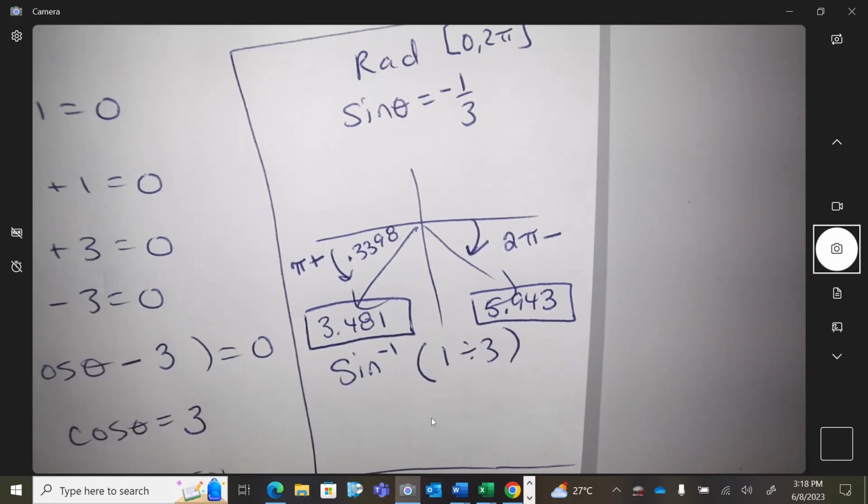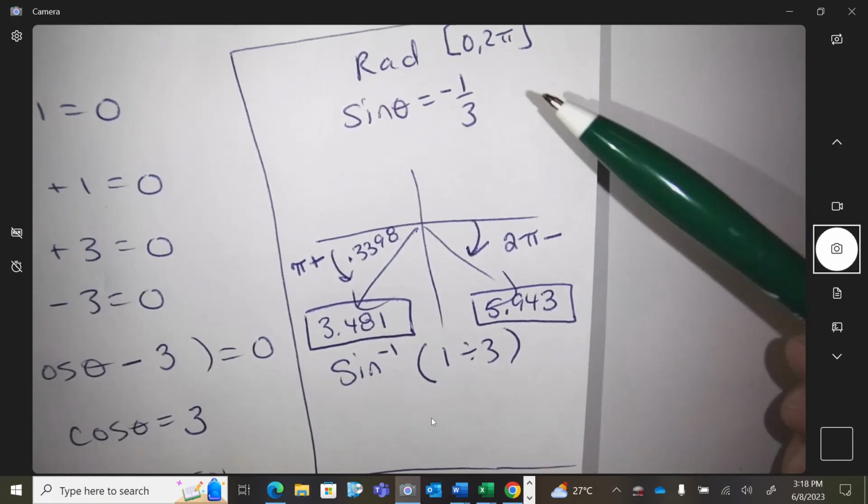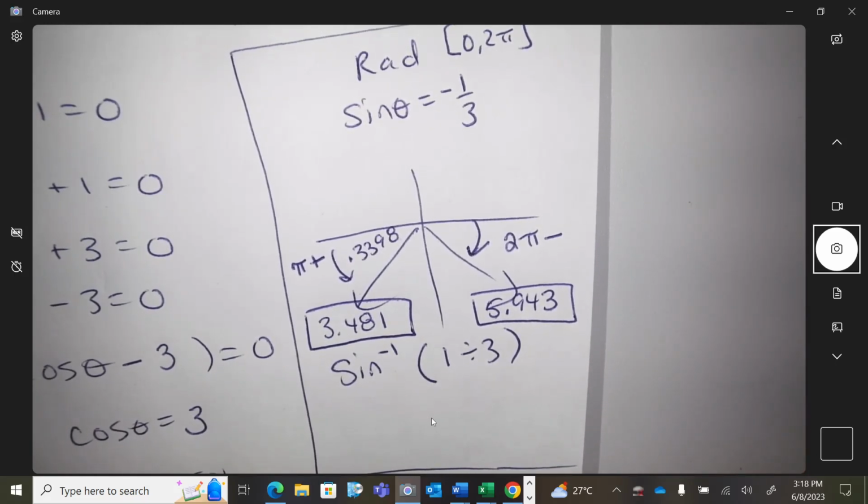Ask yourself if your answer makes sense, because you know a whole circle is around 6.28, right? That's a circle in radians. Okay, so I just wanted to make sure you remembered those calculator steps.